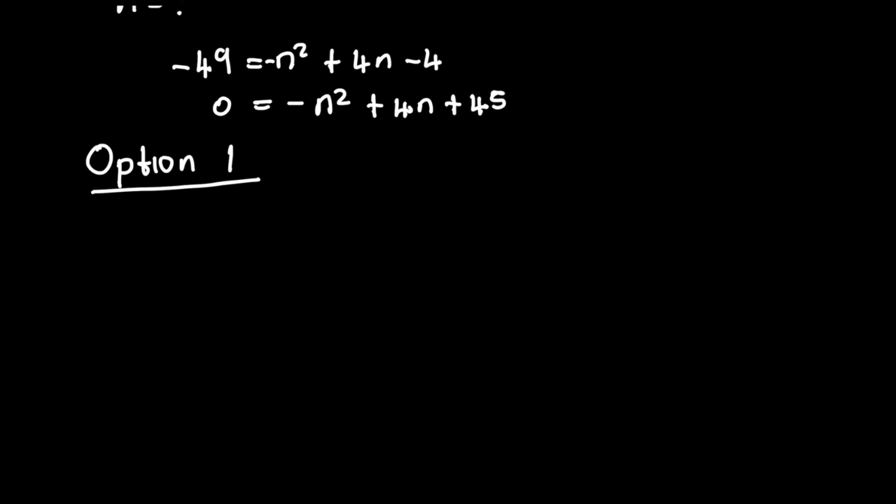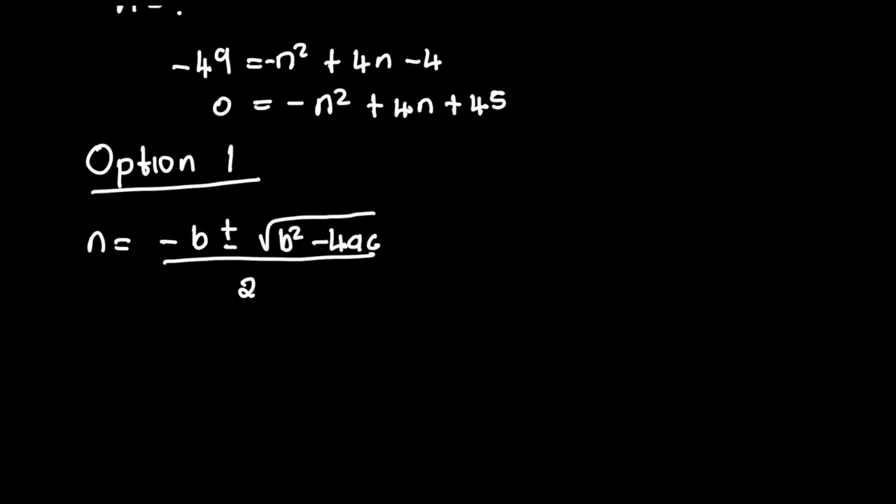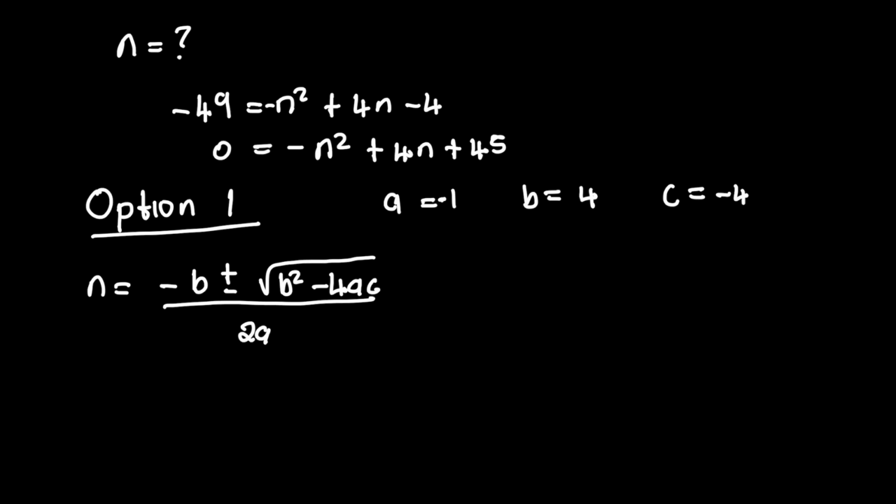So we're going to say n is equal to negative b plus or minus the square root of b squared minus 4ac, all over 2a. And now you're going to substitute your values into the quadratic formula.